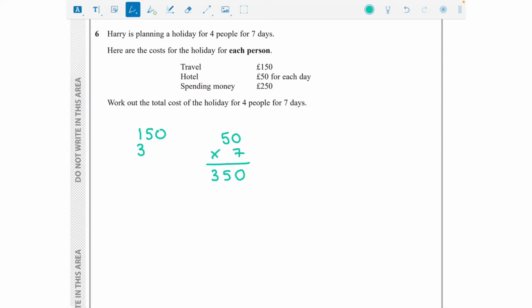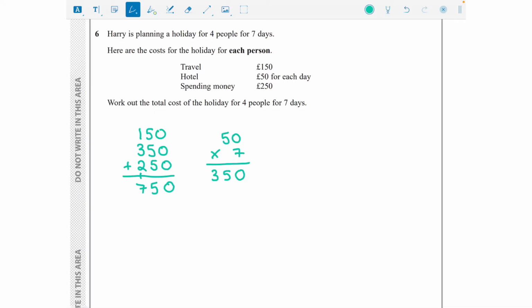So let's add that on to our costs. And then spending money is £250, and that's for the whole time that we're there. Adding that together, 0 add 0 add 0 is 0, 5 add 5 add 5 is 15, so 5 carry the 1. 1 add 3 add 2, 1, 2, 3, 4, 5, 6, and then that extra 1 makes 7.